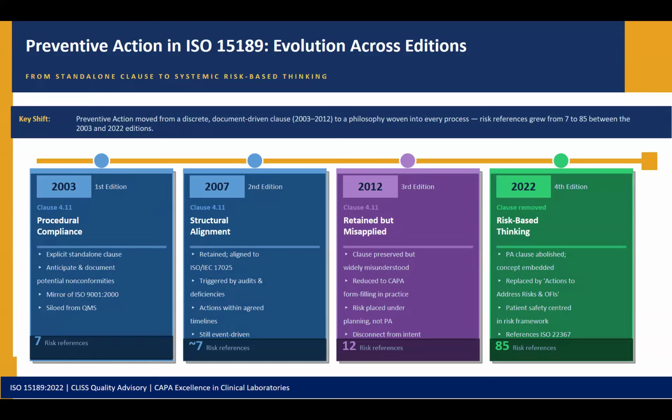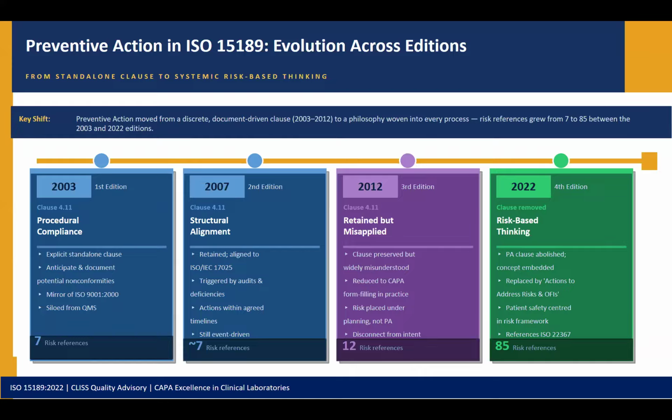And then came the 2022 version, where the clause was totally removed because the old approach was not meeting the intent. So here we see the preventive action clause being abolished, but the concept is now embedded into other clauses and risk is now more emphasized.